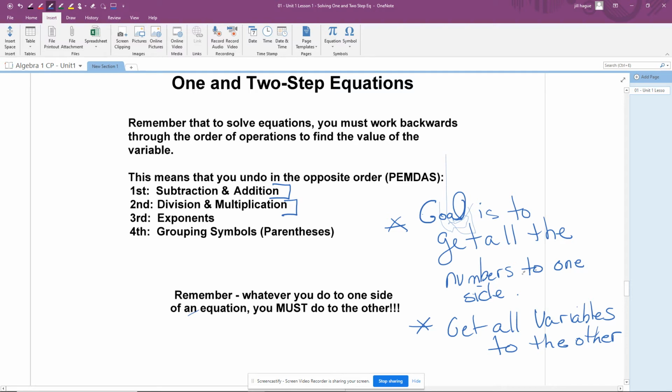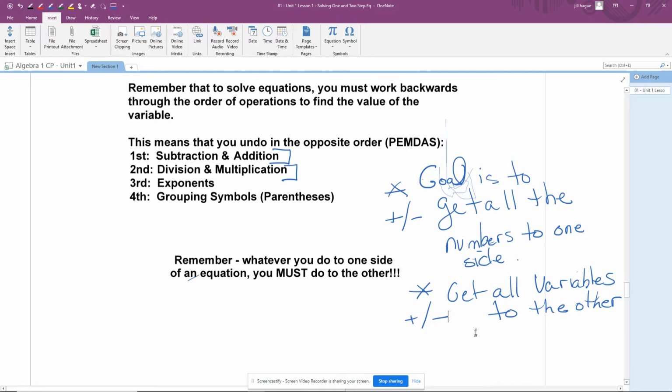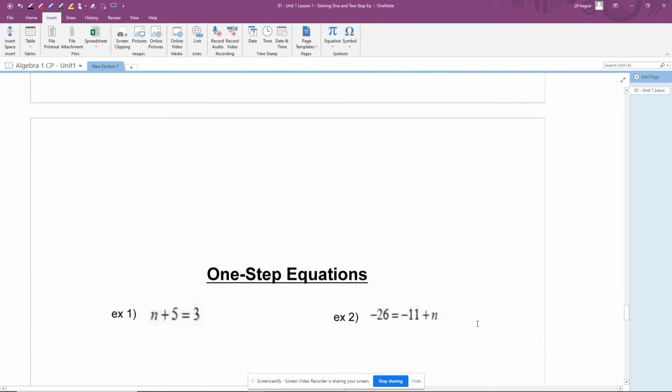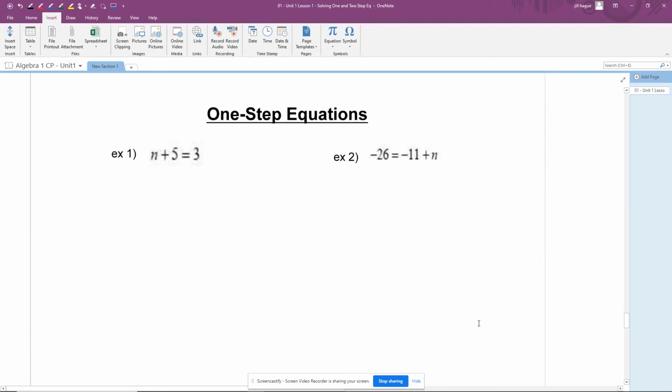So when you're moving all the numbers to one side and all the variables to the other, you're only going to be using addition and subtraction. So remember, we don't touch parentheses until the end. All right, so let's take a look at some one-step equations.